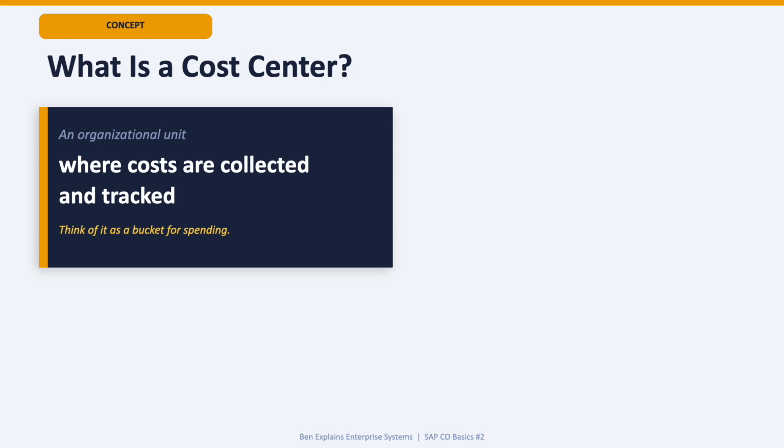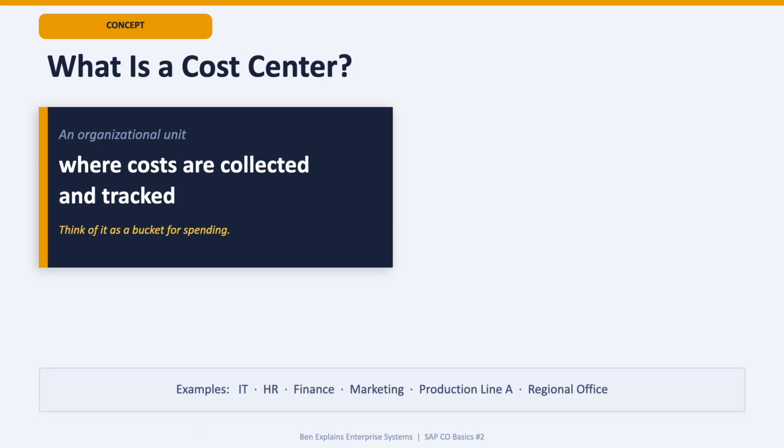For example, your IT department is a cost center. Your HR department is a cost center. Even a specific production line or regional office can be a cost center too. The key idea is this: a cost center is responsible for costs, but not for revenue. It's not a profit center, it's purely a cost tracking unit.